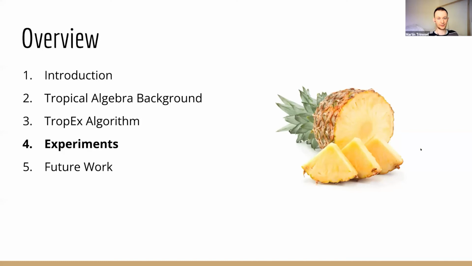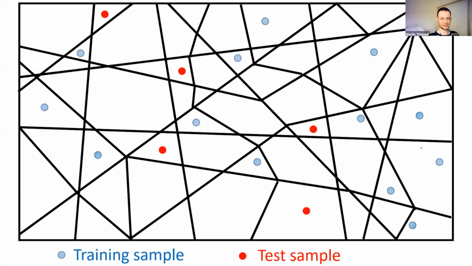So next, I'll be presenting some of our experiments. Before I present the experiments, I would just quickly like to remind you that in the algorithm, we start with a network with more linear regions than atoms in the universe.